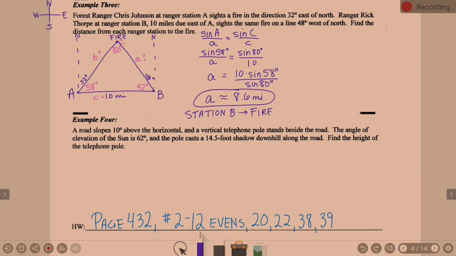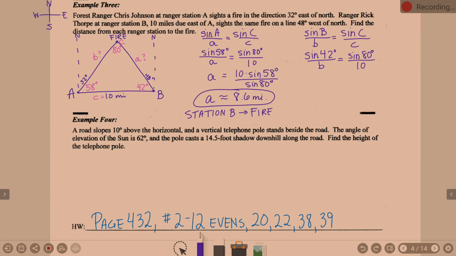Okay, other half. Sine B over B, and I'm going to continue to use my solid C information. Sine of 42 degrees over B is equal to sine of 80 degrees over 10.